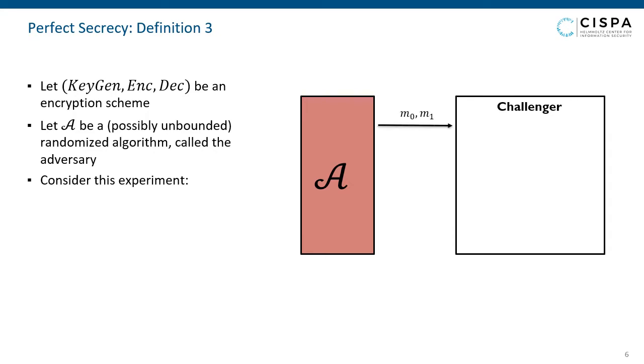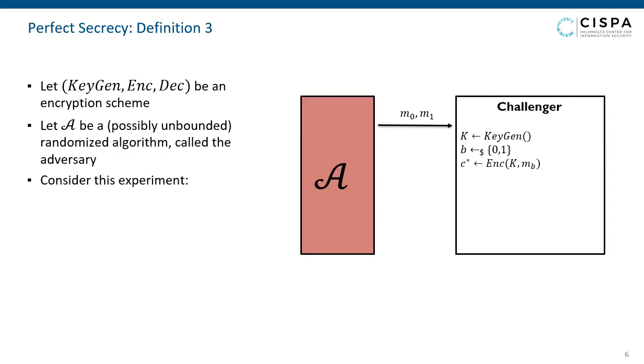First, the algorithm A chooses two messages M0 and M1 and tells them to the challenger. Challenger takes these messages, generates a key K using the keygen algorithm. Now it chooses a uniformly random bit B and uses the encryption algorithm to encrypt the message MB using the key K. That is, if the bit B is 0, it will encrypt message M0.